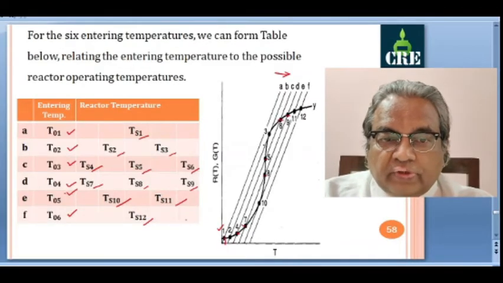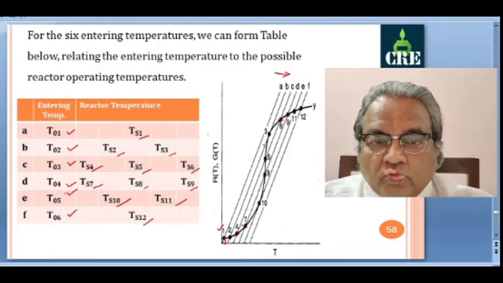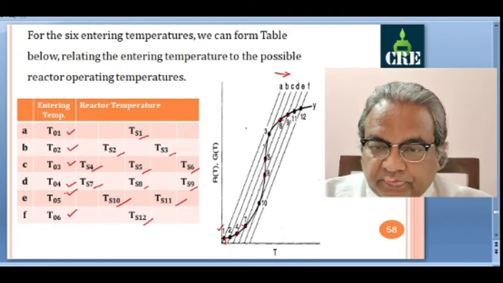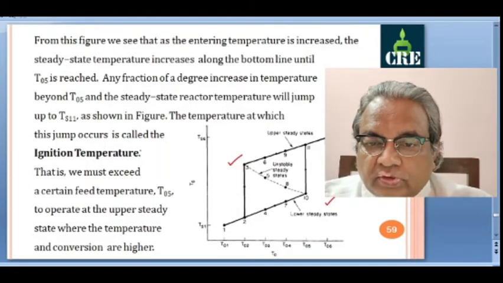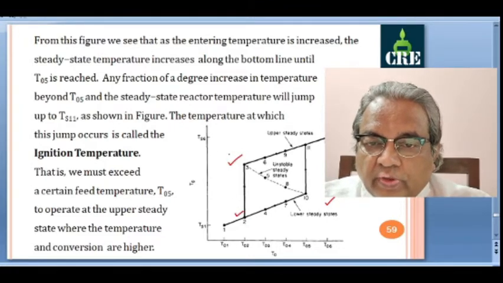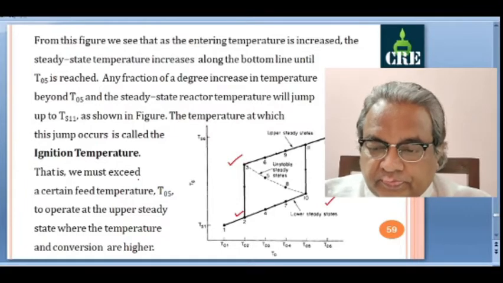Then with respect to T02, you have TS2 and TS3. So this is 2 and 3. Point 2 is on the lower steady state and 3 is on the upper steady state. So with respect to T02, we have TS2 and 3 here.